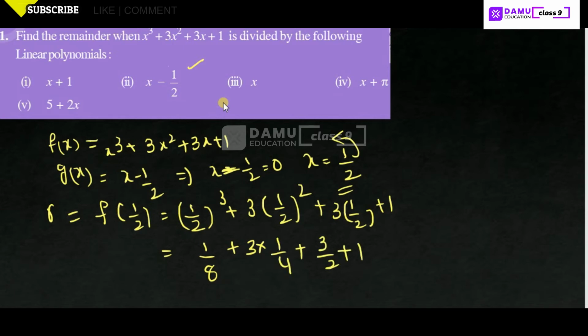If you take the LCM of all of these, the least common multiple is 8.